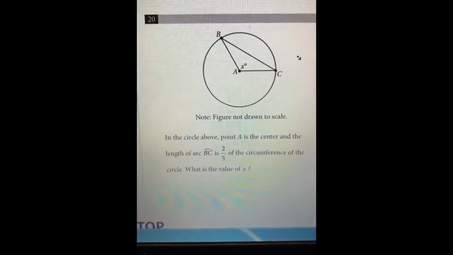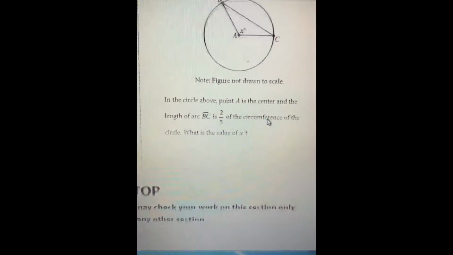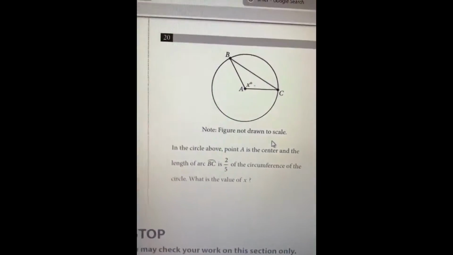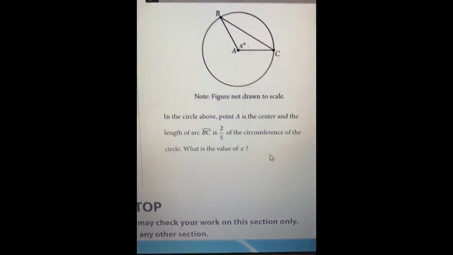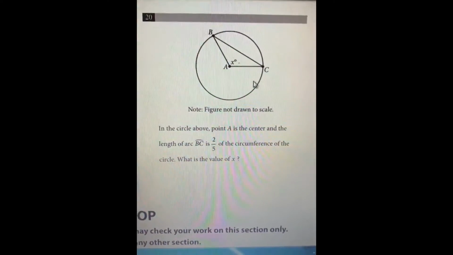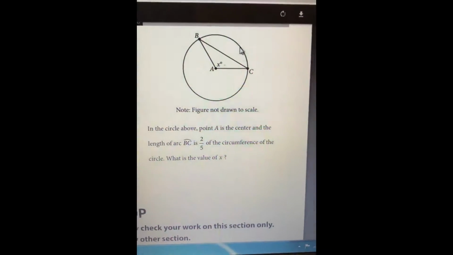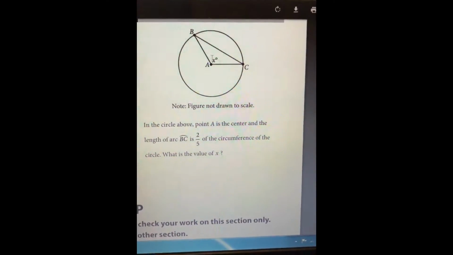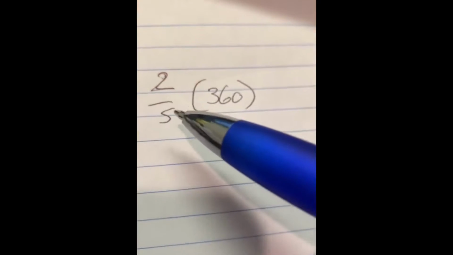This is the final question of the entire math no-calculator section, so it's a little bit trickier than the other questions. I'm going to show you how to do it. Basically, it's saying that BC, this little arc, is 2/5 of the entire circle, and it wants you to find the degrees of x. So what is 2/5 of the entire circle? 360 degrees.